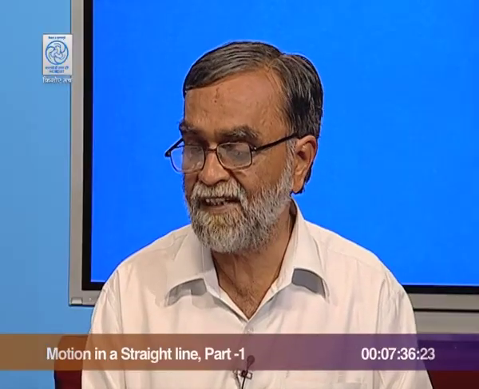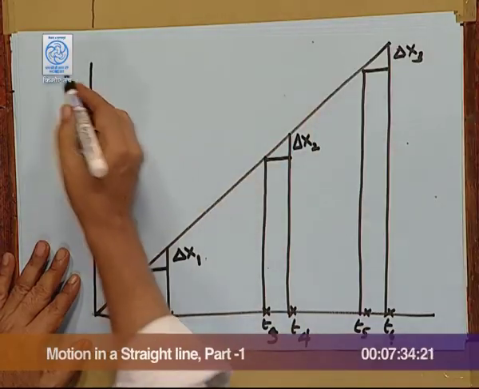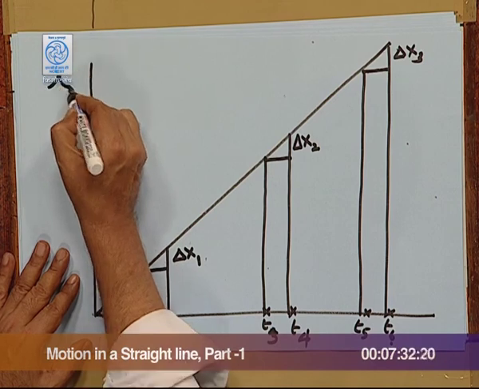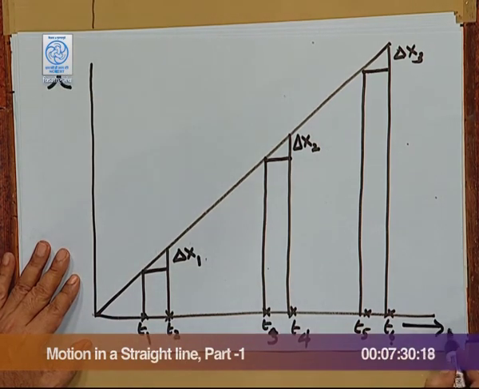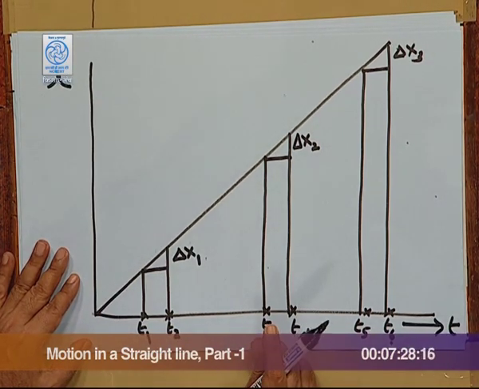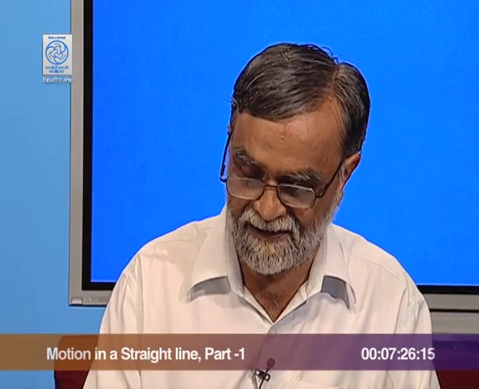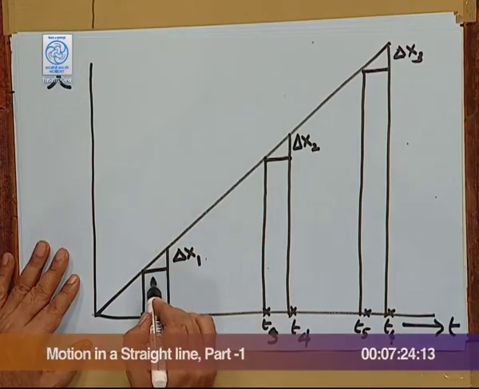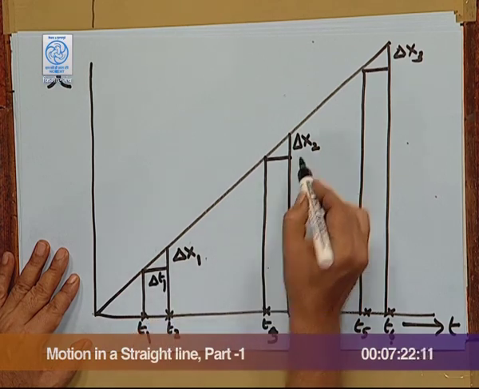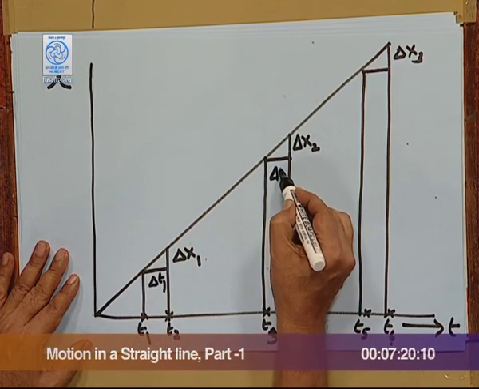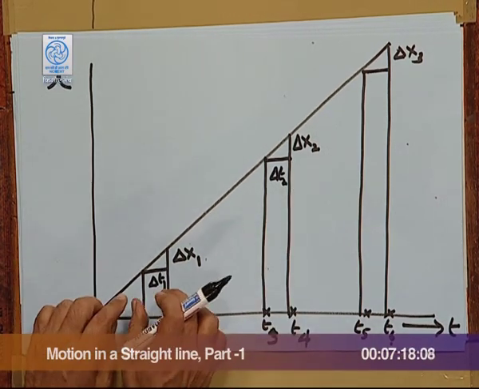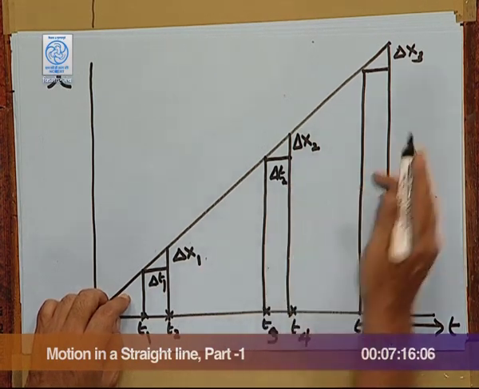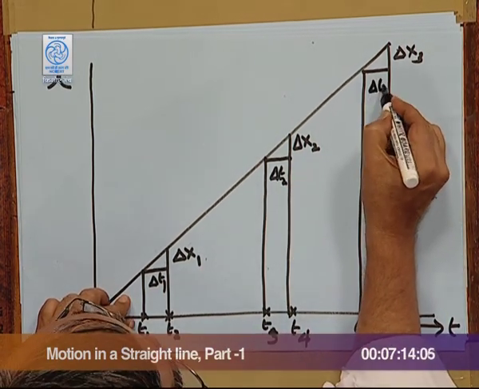Do you see that in this case, when the position time graph, x versus t graph, is a linear graph, it means the average velocity, that is delta x1 by delta t1, is the same as delta x2 by delta t2, for the same interval, delta t1 being equal to delta t2 and also equal to delta t3.